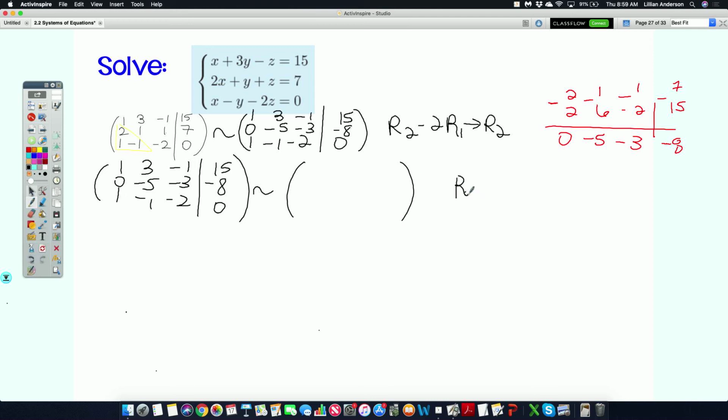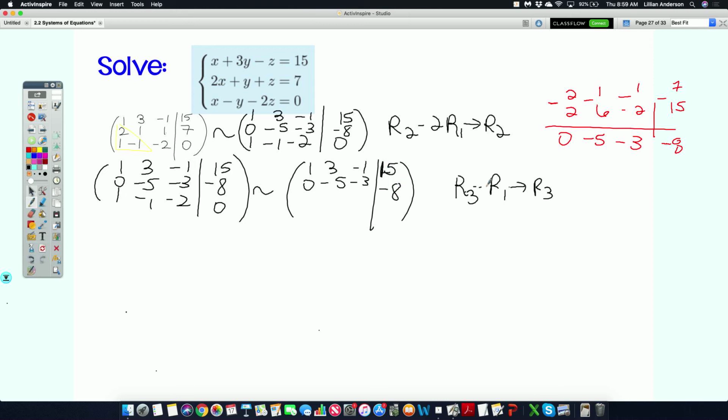So would that be R3 minus R1 or R1 minus R3? R3 minus R1, and that's going to replace row 3. Okay, so rows 1 and 2 don't change.